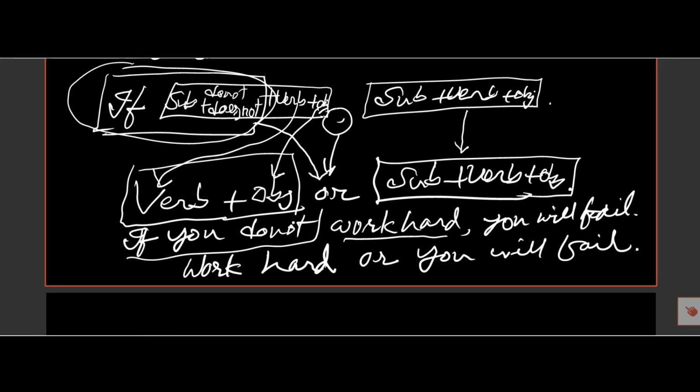And if you do not work hard, you will fail: we remove this, and then we begin with work, the main verb, work hard, and removing the comma we put here or, and the other part, you will fail. So if you do not work hard, you will fail. Work hard or you will fail. This is complex and this is compound.